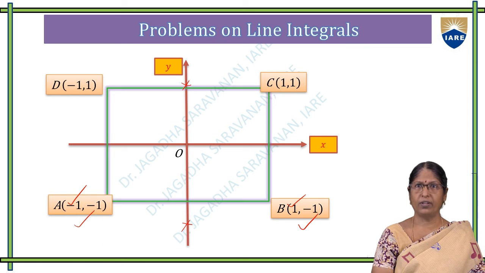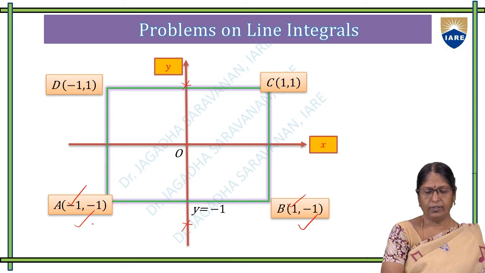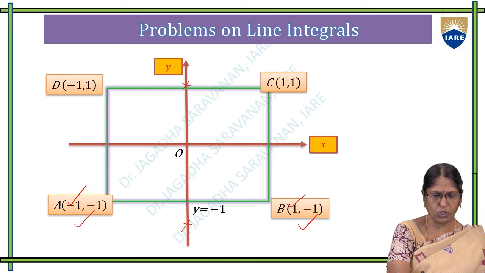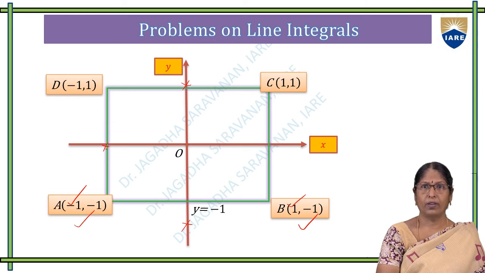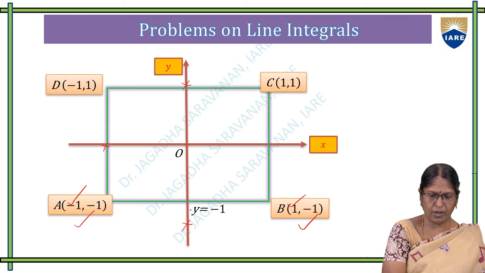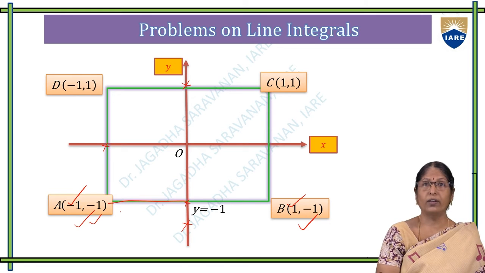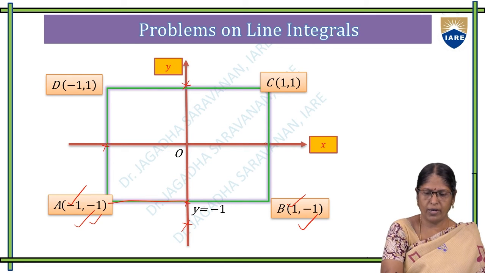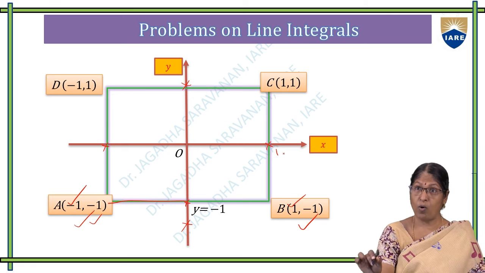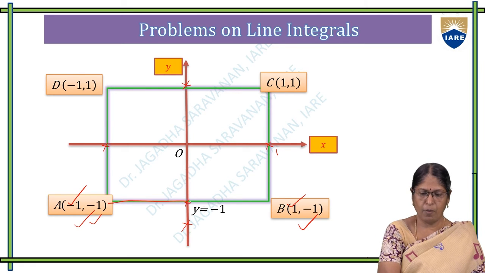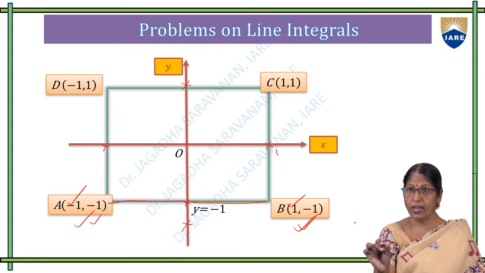We can see the square shape here. Minus 1 is plotted here and minus 1 there; put together this is minus 1 comma minus 1. Here the point 1 is on the x-axis and minus 1 straight to that; the point we named B, with coordinate 1 comma minus 1.